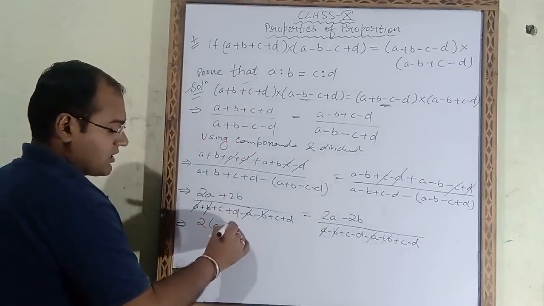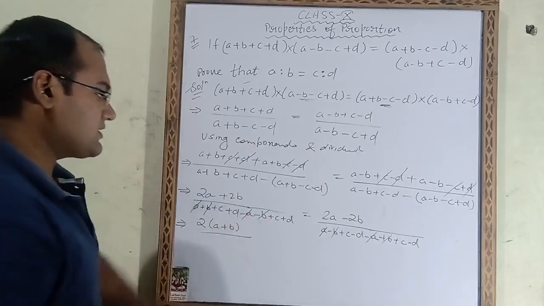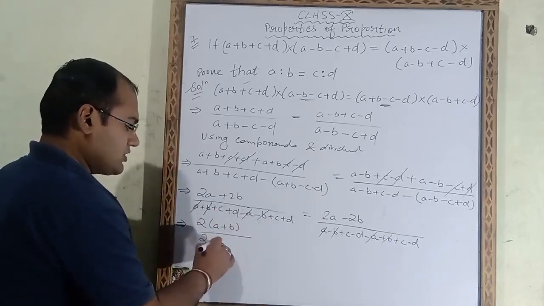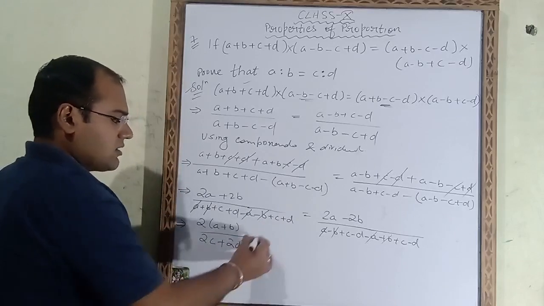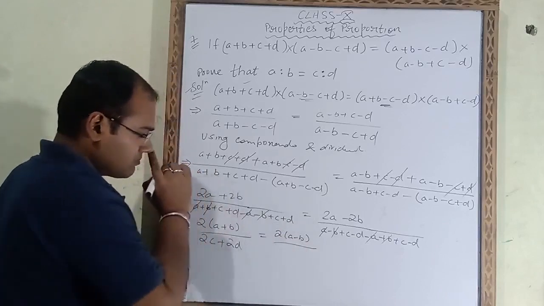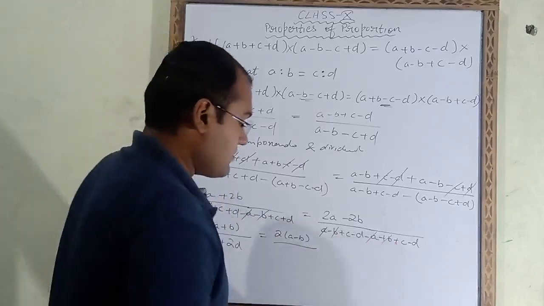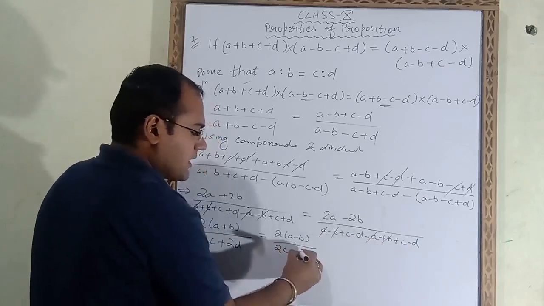Now remaining is a plus b upon c plus c will be 2c, plus d will be 2d, is equal to 2 common a minus b upon c plus c will be 2c minus d will be minus 2d.